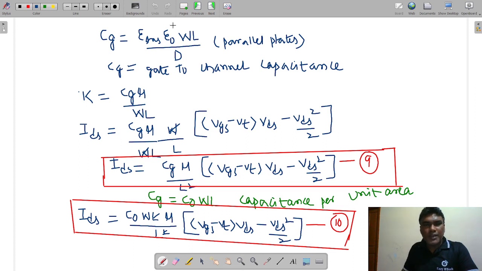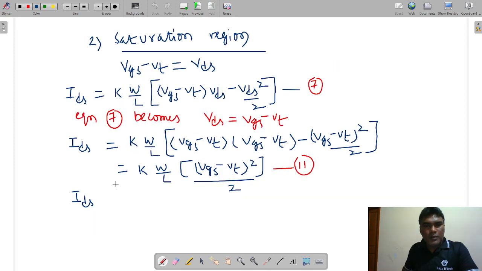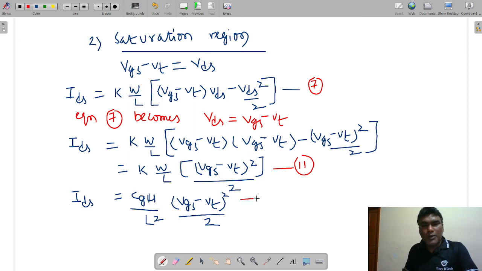Now IDS is equal to CG into mu by L square, then on substitution we get VGS minus VT whole square by 2. This is equation number 12.